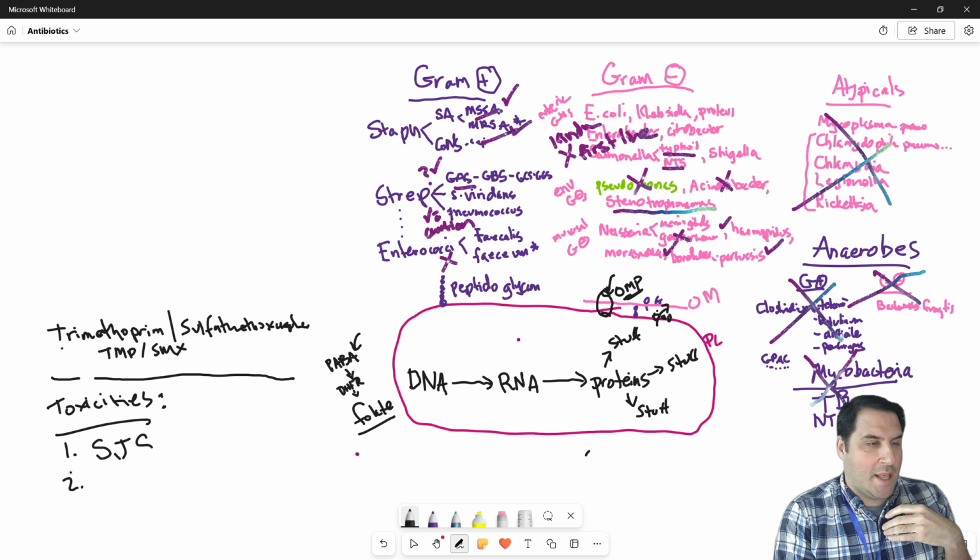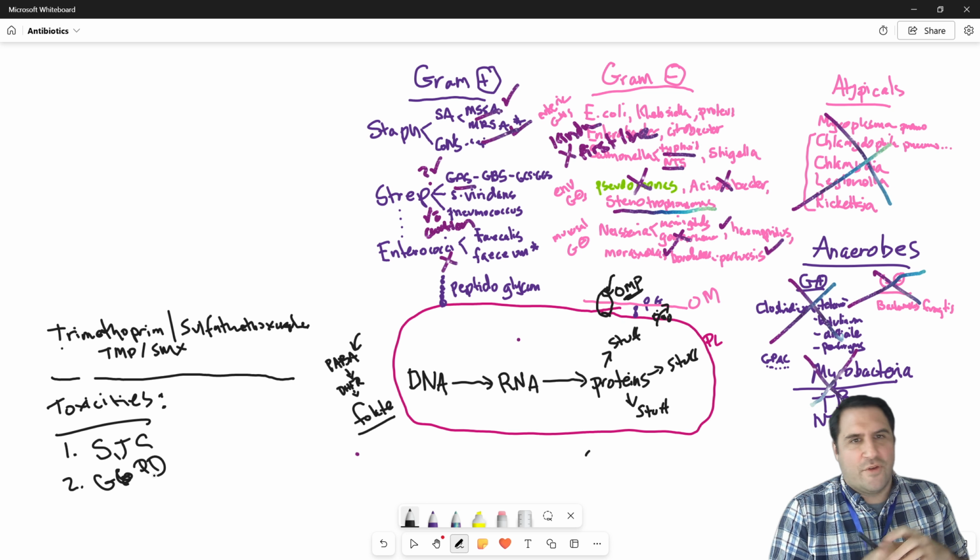That is hemolysis caused by G6PD deficiency. So just recall, anytime you hear boy, it's usually a flag on questions.